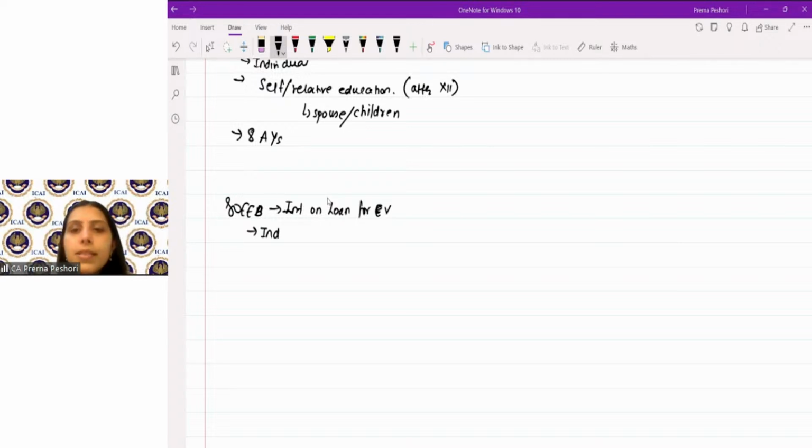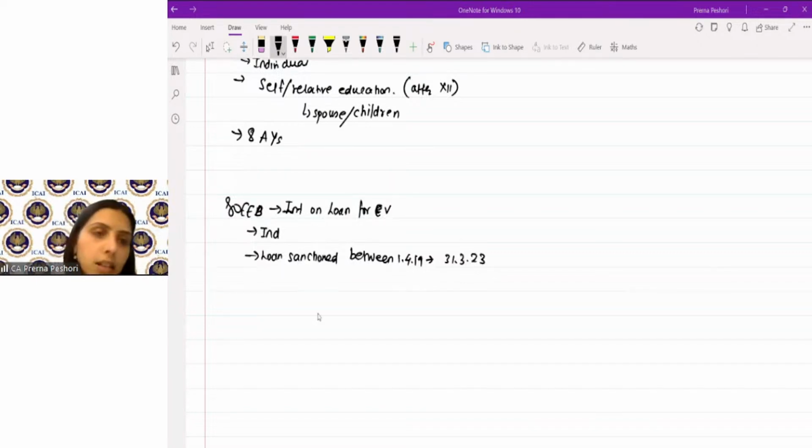Now the loan should be sanctioned between 1/4/19 and 31st March 23. If you purchase the electric vehicle, the maximum deduction is up to rupees 1.5 lakh.